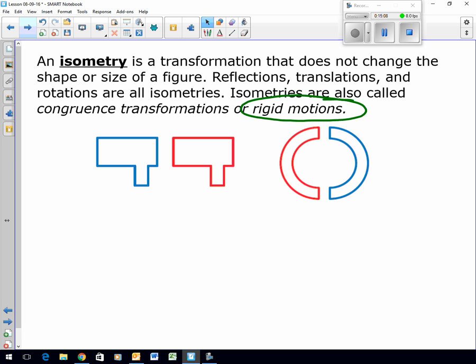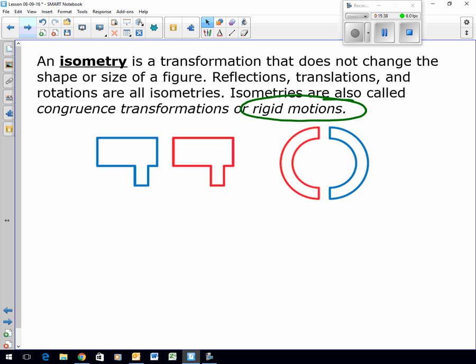Yes, a translation, a rotation, a reflection. All right, good deal, guys. All the transformations we talked about today are what we call rigid transformations. That means that whenever we apply reflection, translation, or rotation, the shape and the size of the figure does not change.